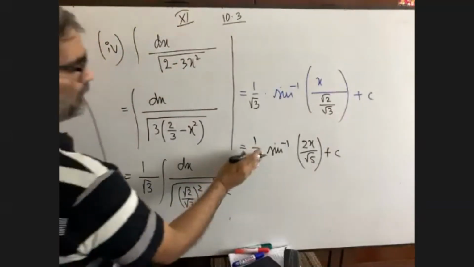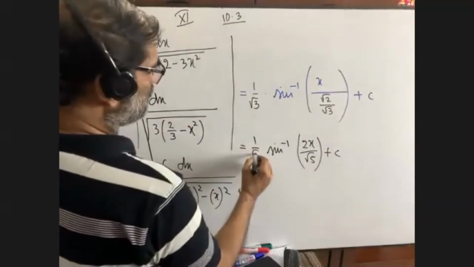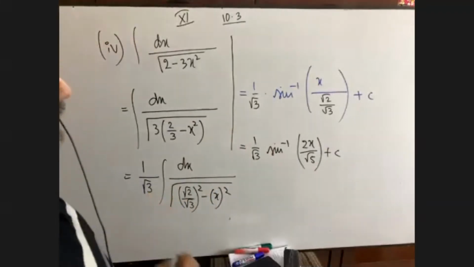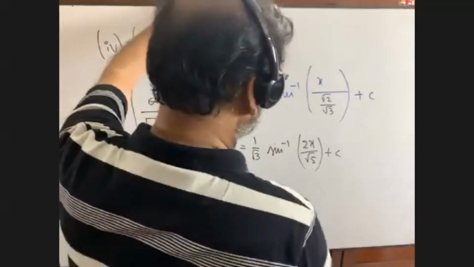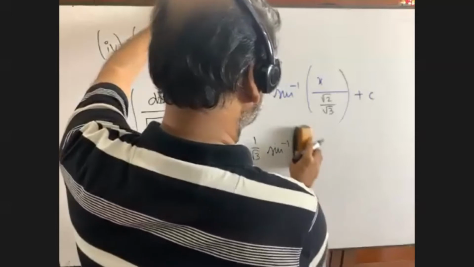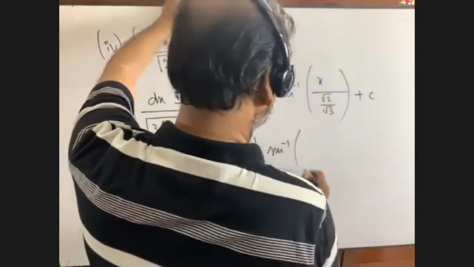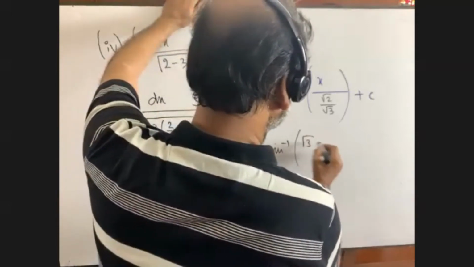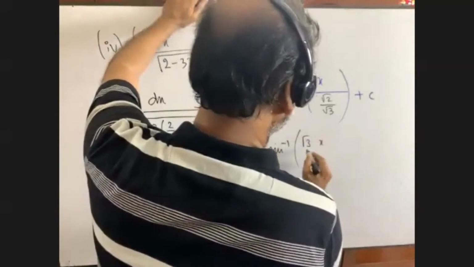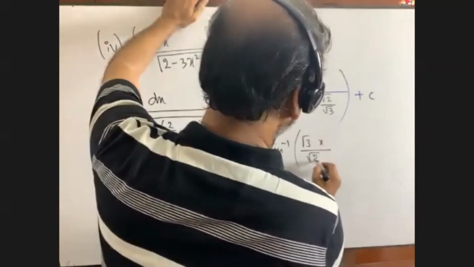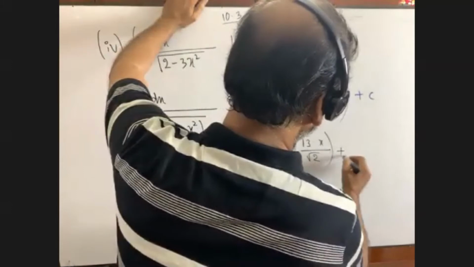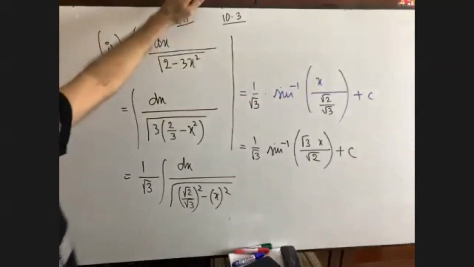Then it will be root 3x by root 2. It will be 1 by root over 3 sine inverse root over 3x by root over 2. So you have got our answer. Okay.